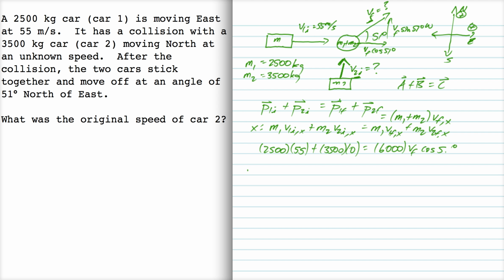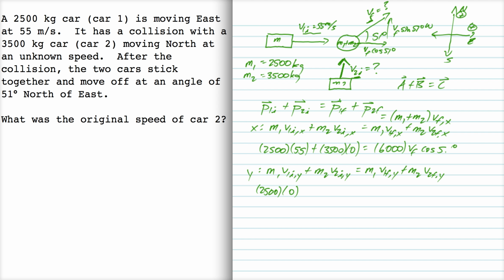And then for the Y component, let's see, we have 2,500 times 0. The Y component of V1I is 0, right?